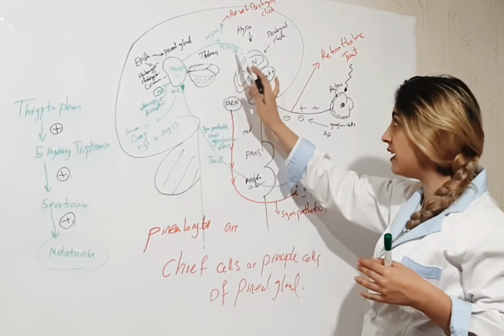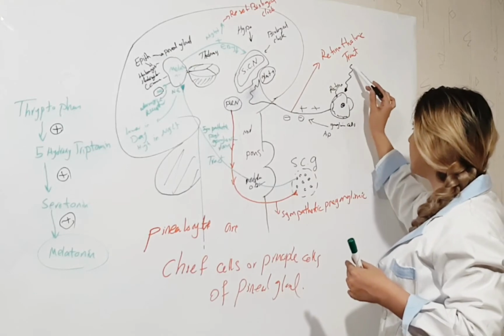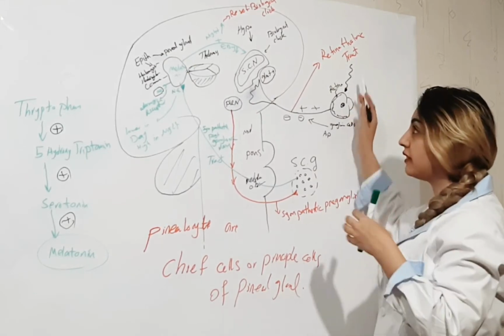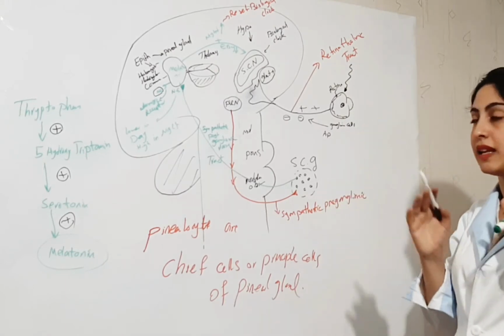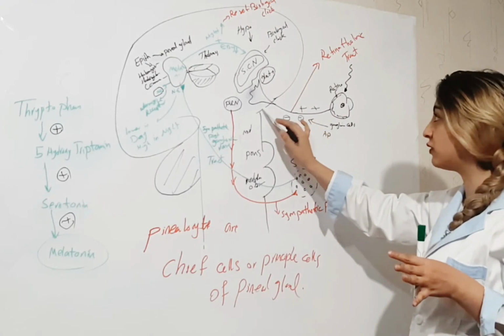But if it is day, if it is light, this melatonin is less. What I mean is that if it is day and the light here is huge and a lot, the retina receives this, but it is an inhibitory pathway.